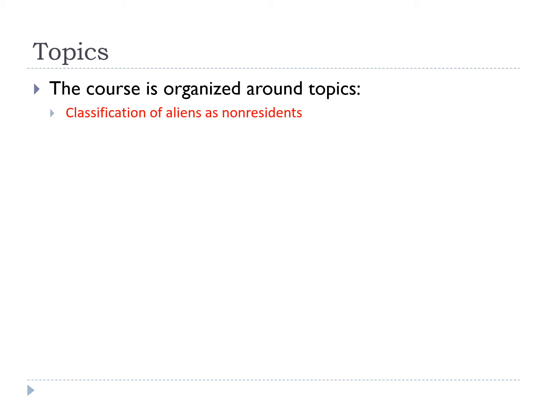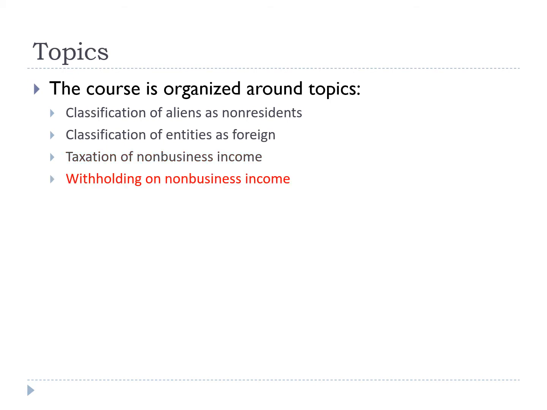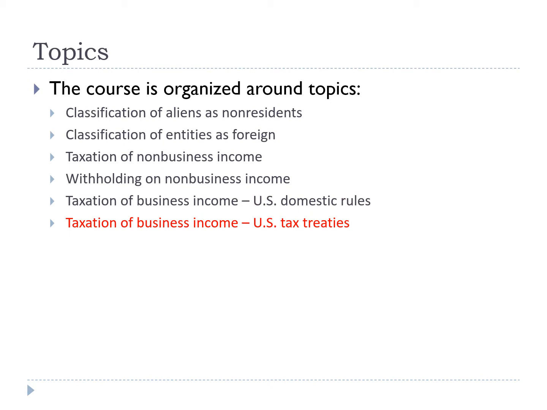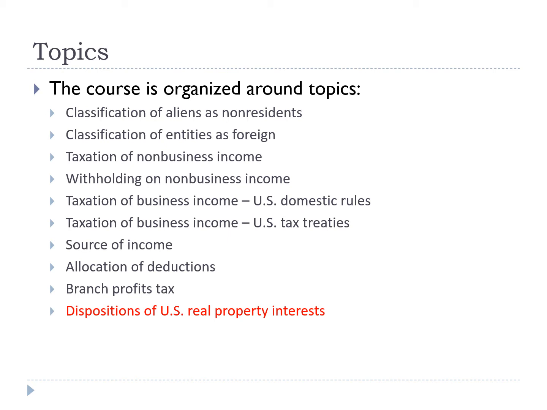Classification of aliens as non-residents, classification of entities as foreign, taxation of non-business income, withholding on non-business income, taxation of business income under U.S. domestic rules, taxation of business income under U.S. tax treaties, the source of income, allocation of deductions, branch level taxes, and dispositions of U.S. real property interests.